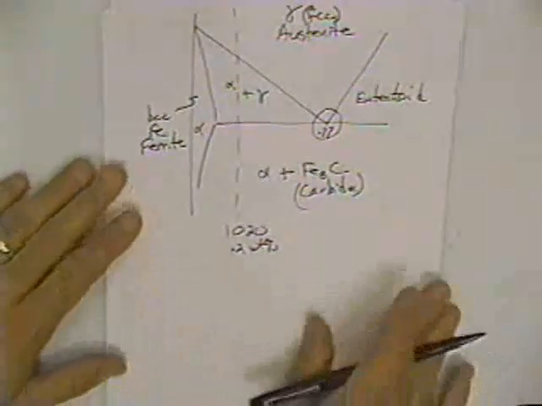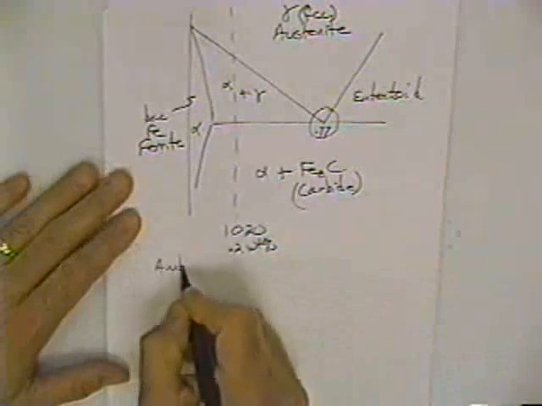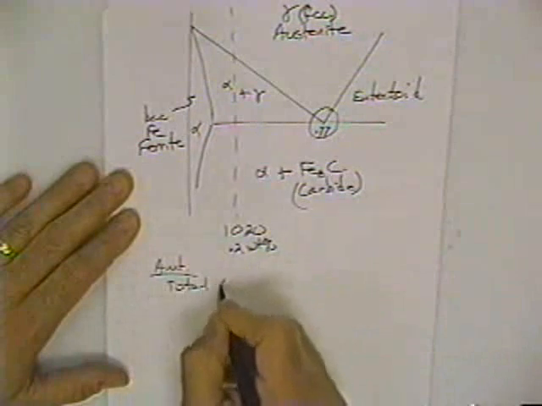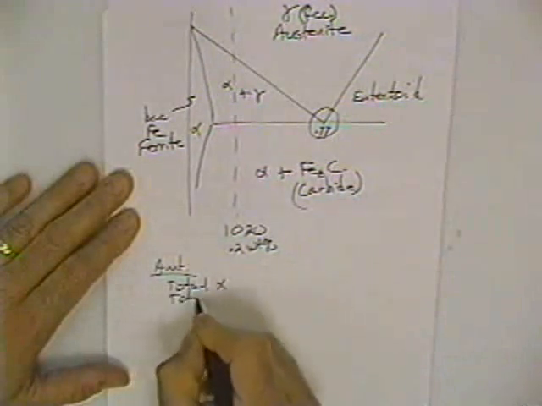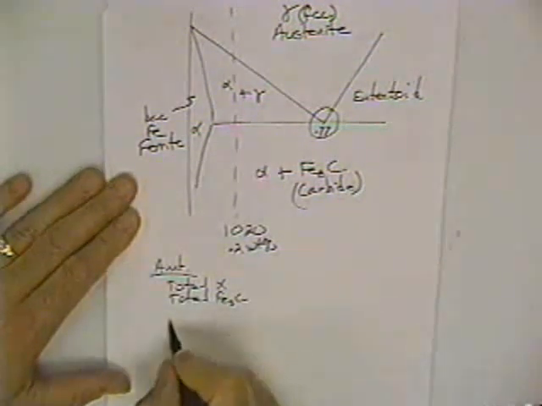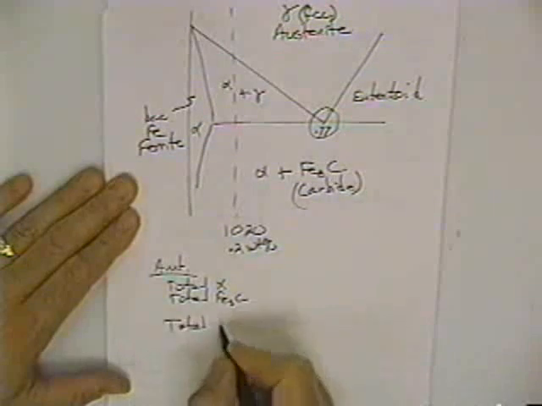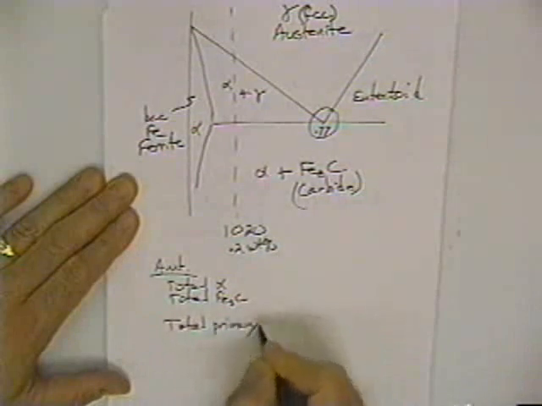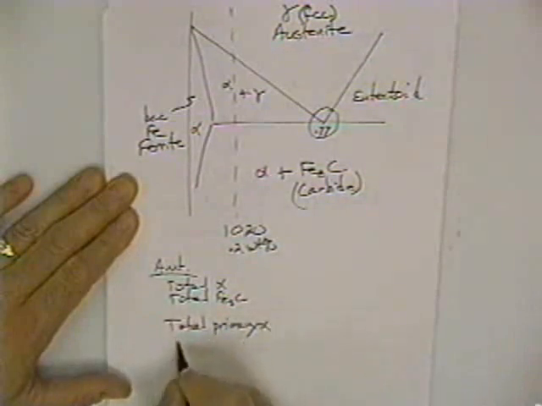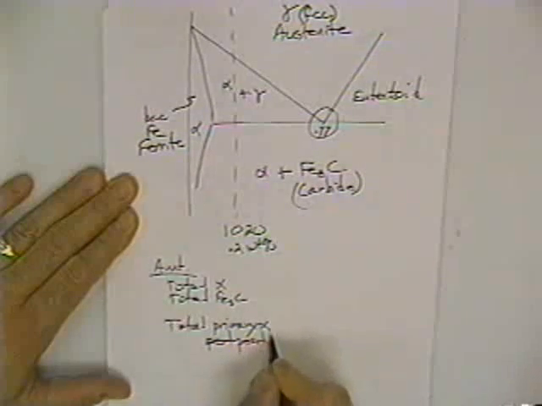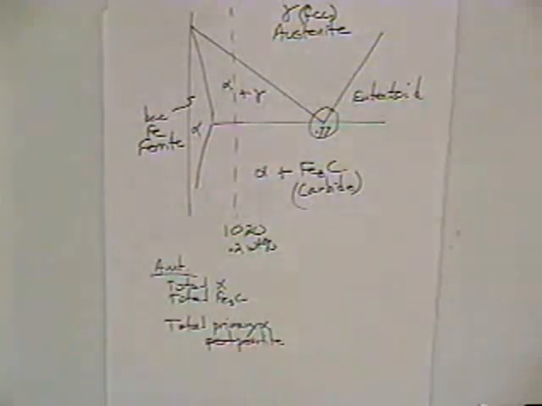Let's determine the amount of total alpha and total iron carbide. And let's determine the amount of what's called primary alpha and the amount of perlite. Not pearl light, but perlite.